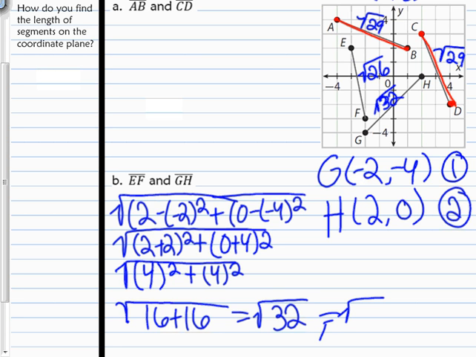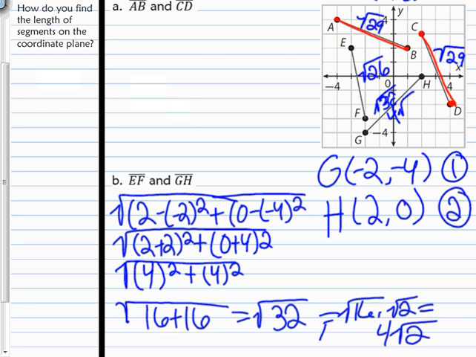So I can write this as the square root of 16 times the square root of 2, and the square root of 16 is indeed 4. So the square root of 32 becomes 4 square root of 2.